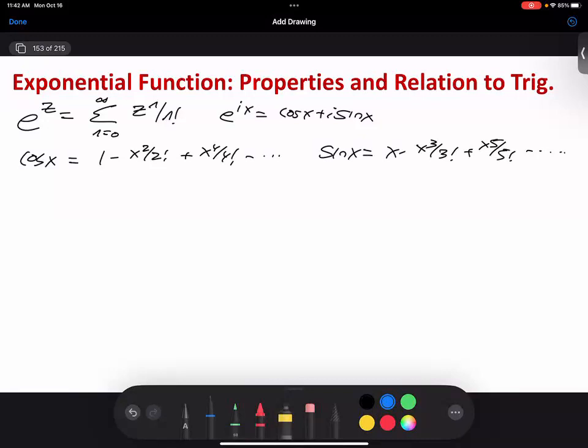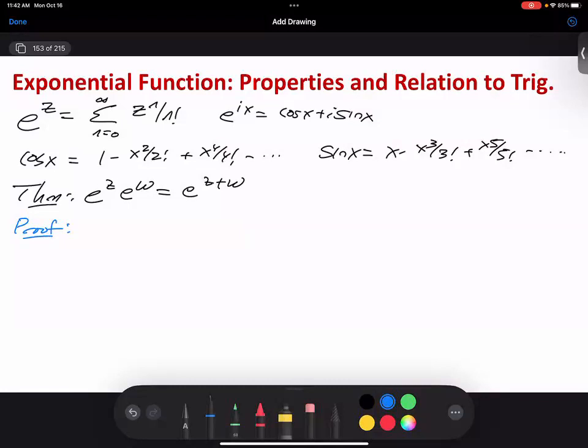Now, what we really want to have is the following theorem. e to the z times e to the w is e to the z plus w. If this is not true, then whoever created this notation should be shot, right? Because when you see e to the z times e to the w, is it just e to the z plus w?